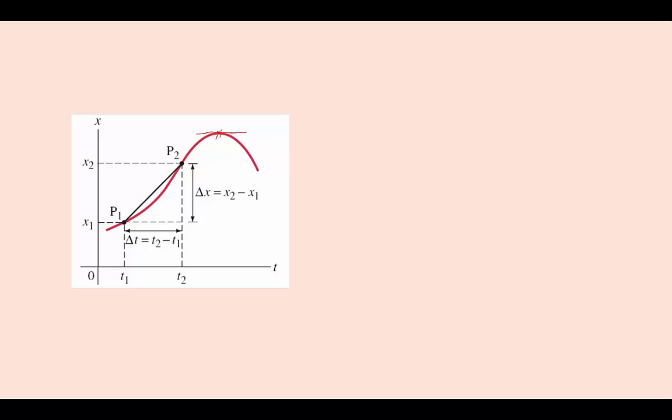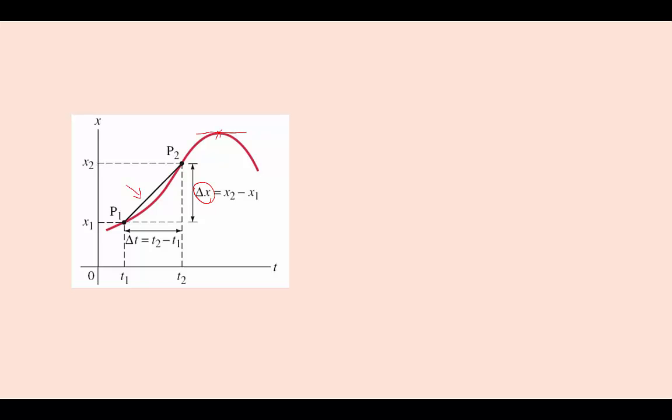Whereas the average velocity is the slope of the straight line between the 2 points. This is the black line shown here between point P1 and P2. And of course, the displacement would be the difference of the positions, x2 minus x1. So your delta x would be x2 minus x1. From that, we can, as I said, use the slope to find the average velocity.